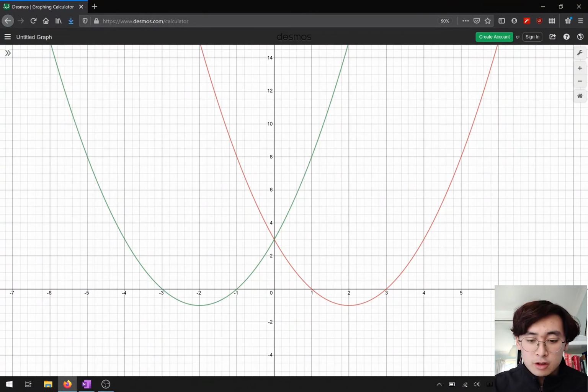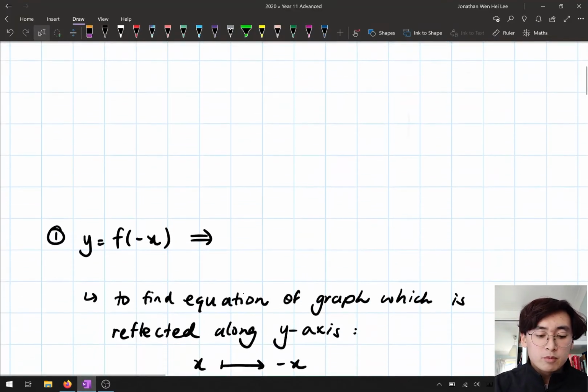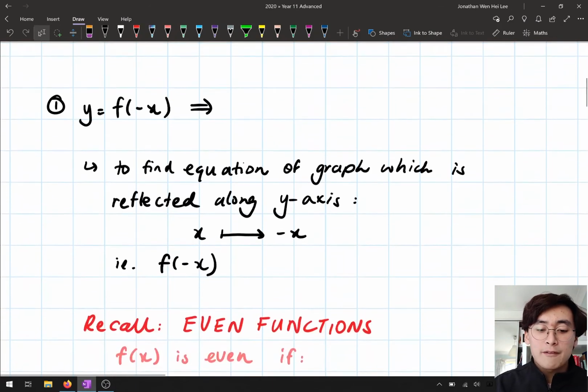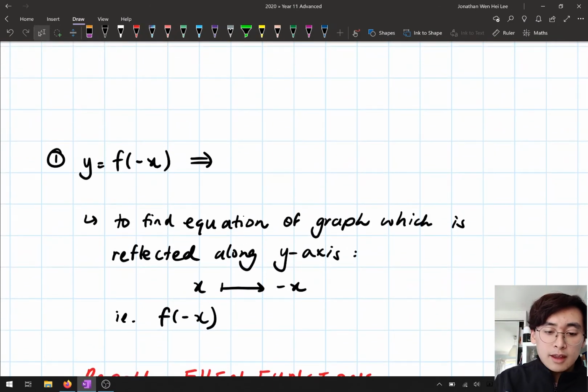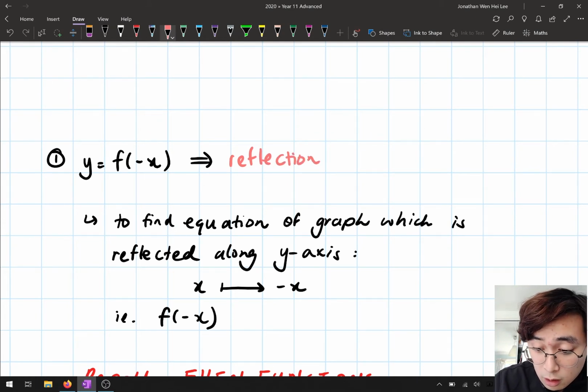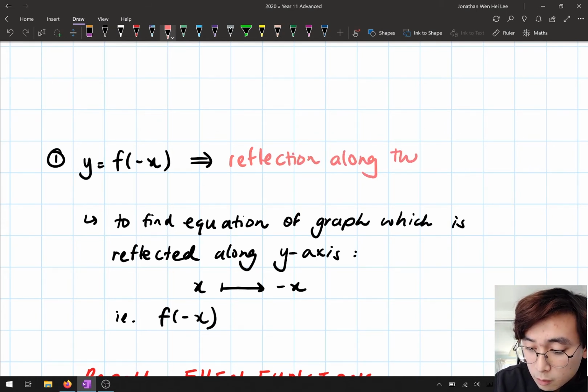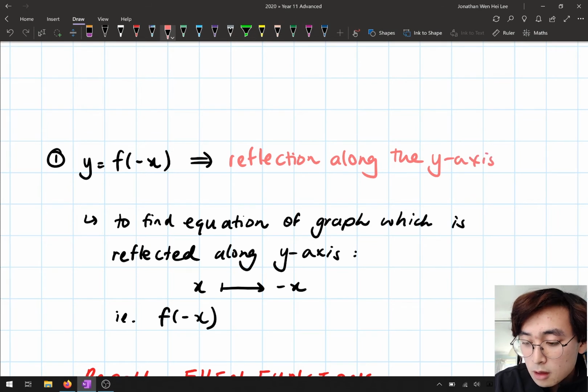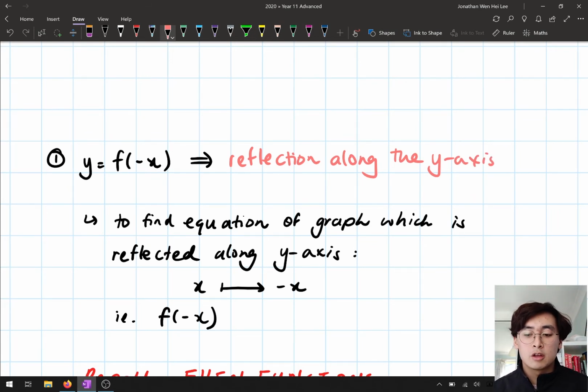We imagine that the y-axis is our reflecting line. If we flip our red function along the y-axis, we will get the green function there. So when we have y is equal to f of negative x, this is a reflection along the y-axis. When we replace x with negative x, we have a reflection along the y-axis.